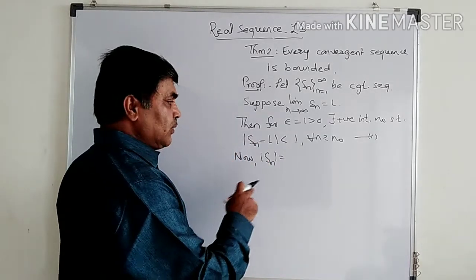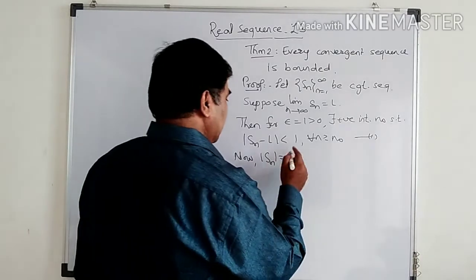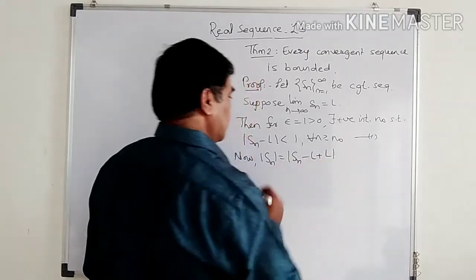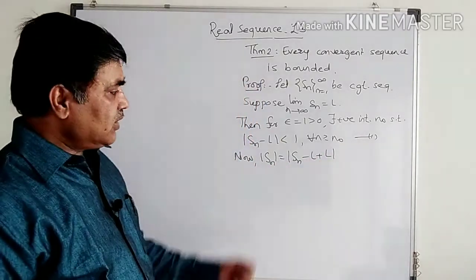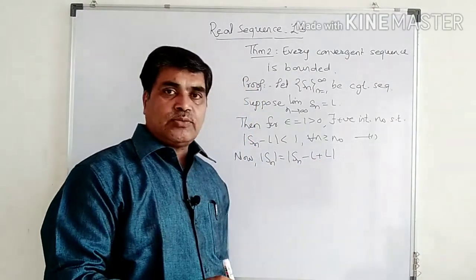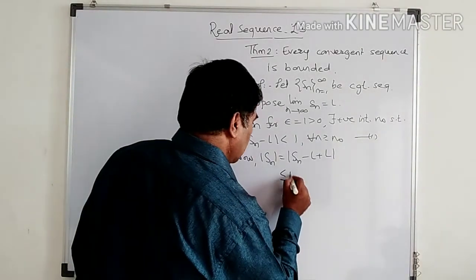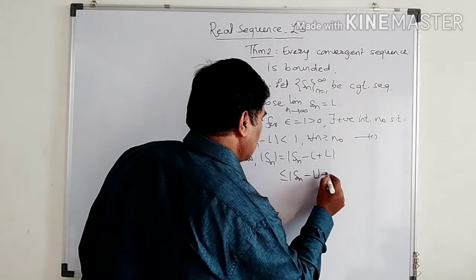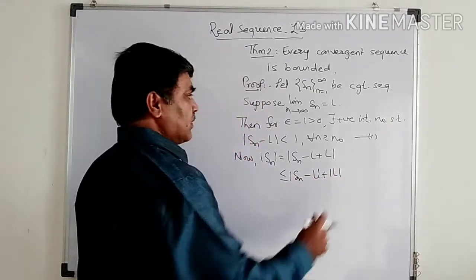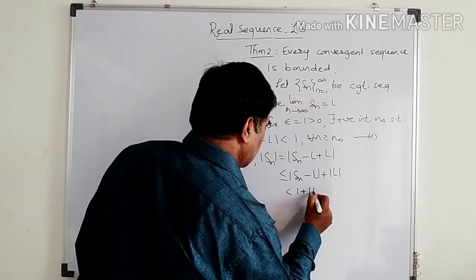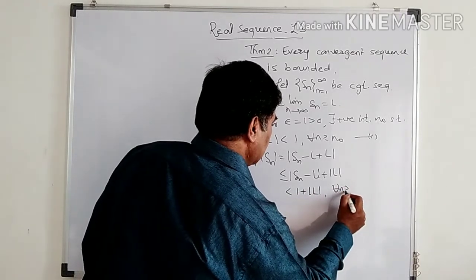As convergence is given, it has some limit. So mod Sn is written as mod of Sn minus L plus L. Then by the triangle inequality, mod of A plus B is less equal mod A plus mod B, this is less equal mod of Sn minus L plus mod of L. Then by 1, this is less than 1 plus mod L for every n greater equal n naught.